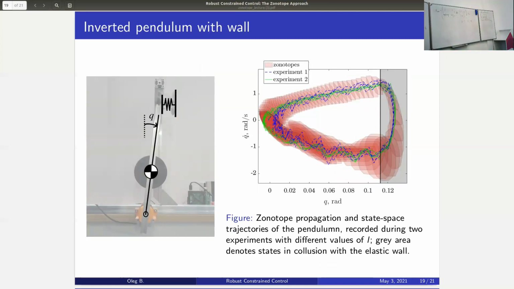In this case, our zonotopes change based on system behavior. For example, at this point contact mode starts, and the influence of the behavior of the spring is very big.